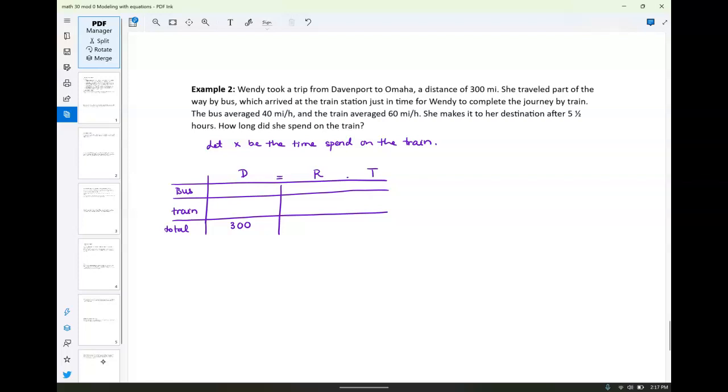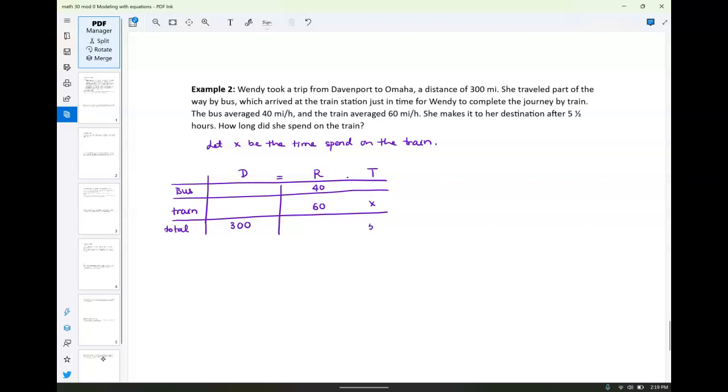So the 300 miles is the distance traveled by bus plus the distance traveled by train. The bus averaged 40 miles per hour. The train averaged 60 miles per hour, and she made it to her destination after 5.5 hours. So x is the amount of time spent on the train.